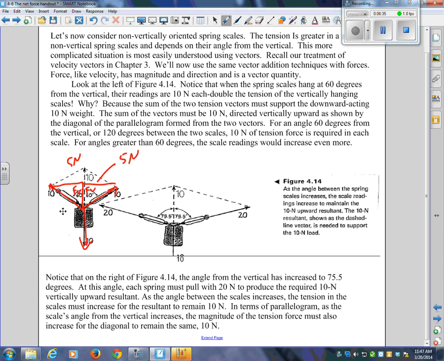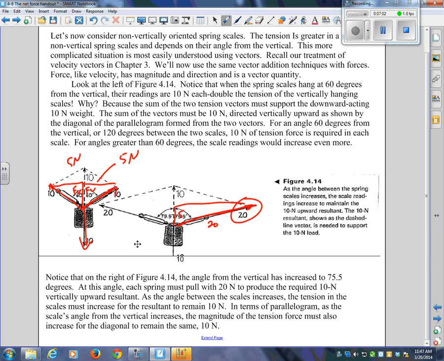And if this is 5 newtons, then this hypotenuse here has to be greater, doesn't it? And the greater that angle becomes, the longer that hypotenuse must become. For me to get 5 newtons there at that angle, I need a huge hypotenuse. I need 20 newtons. As the angle becomes wider and wider, way more tension. Does that make sense? And you can actually do the calculations to figure it out.